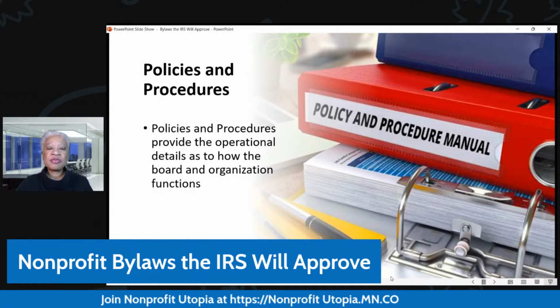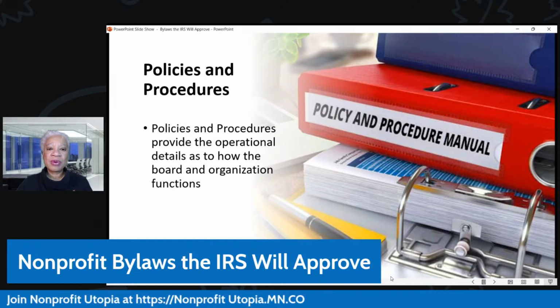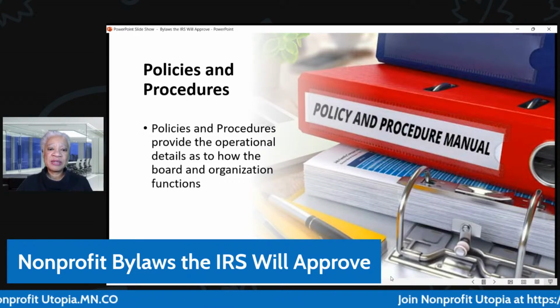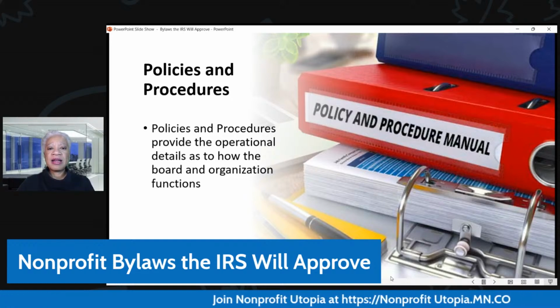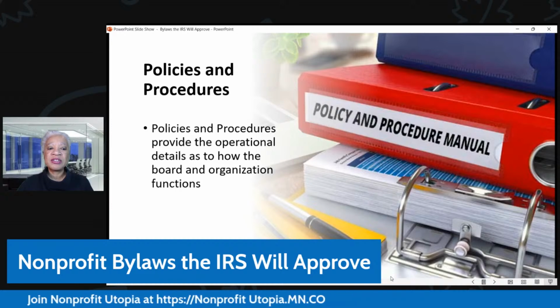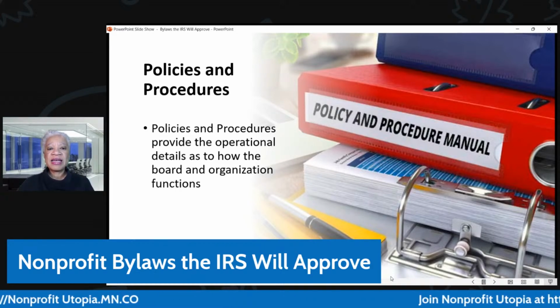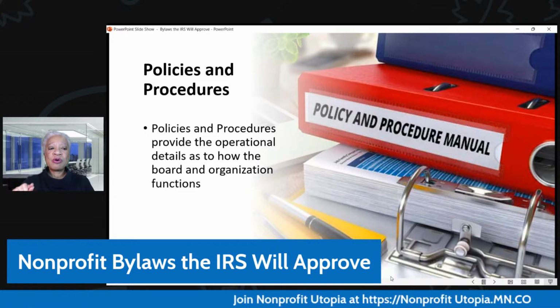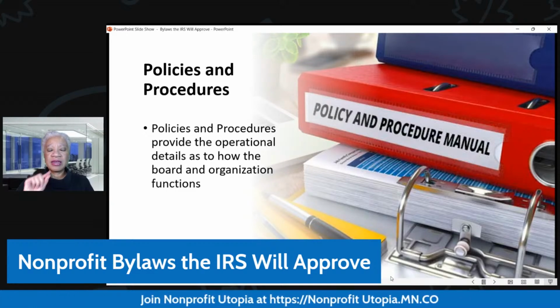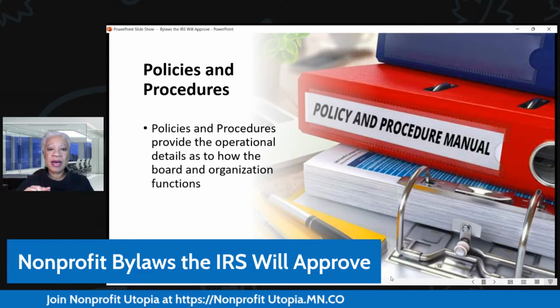So they tell you how the board is going to operate on a day-to-day basis, as well as how your management and your programs will be operating day to day. Again, we're not here to talk about policies and procedures. I just thought it would be important to indicate how policies and procedures differ from your bylaws and how the articles differ from your bylaws.